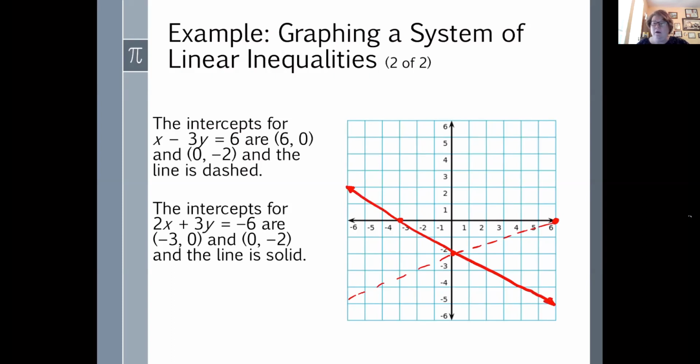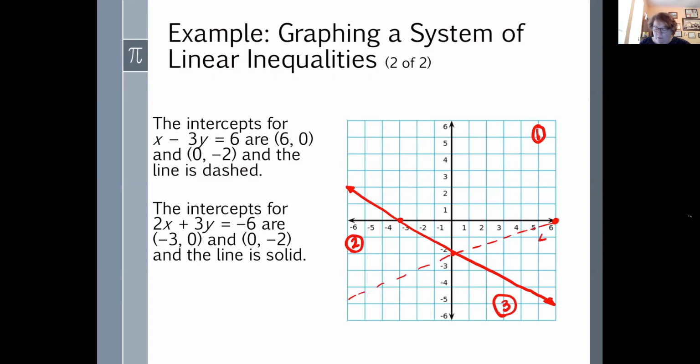All right, now I need to shade one of the 4 regions that have been formed by the intersection of these two lines. Region 1 would be above the two lines. Region 2 would be over here, where it's below the solid line, but above the dashed line. Region 3 would be where it's below both lines.